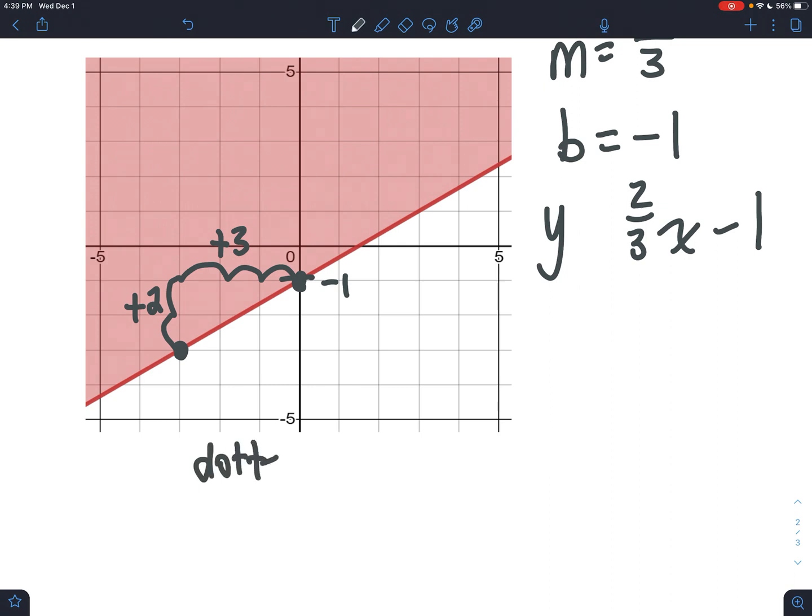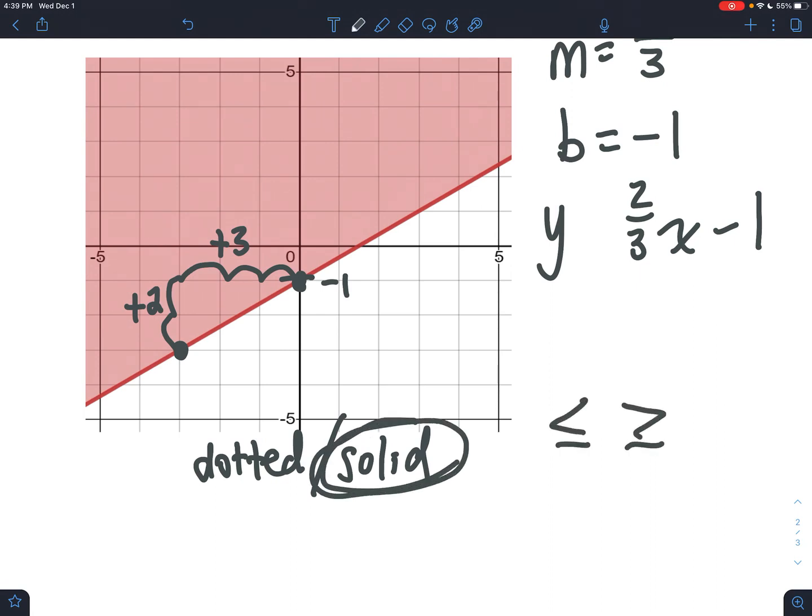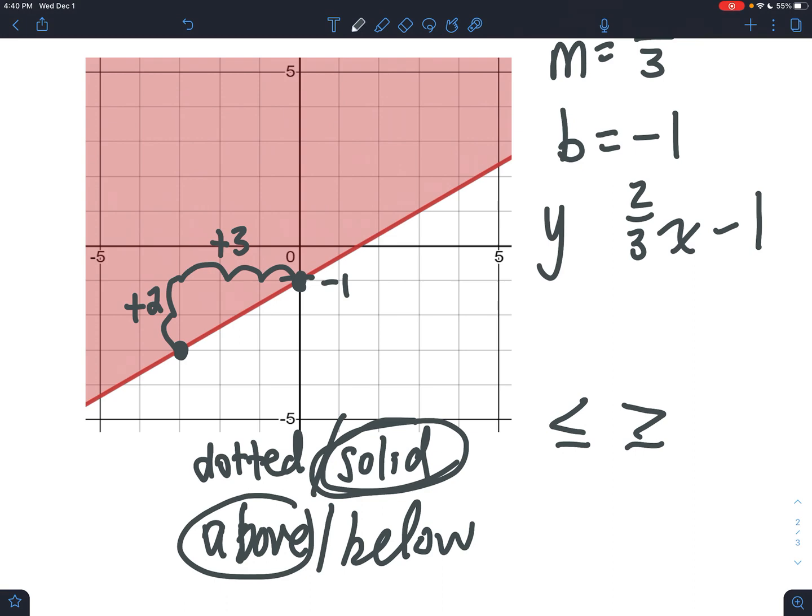So you ask the questions, are you dotted or solid? And this is a solid one. So our 2 choices are this or this. And then are we shaded above or below the red line? We're shaded above. So that makes this a greater than, so that we get the answer there.